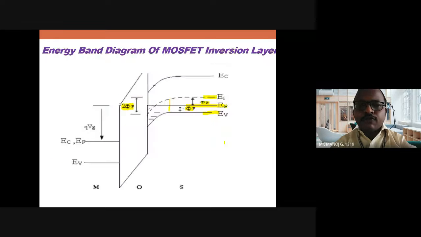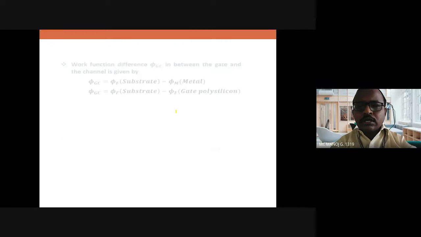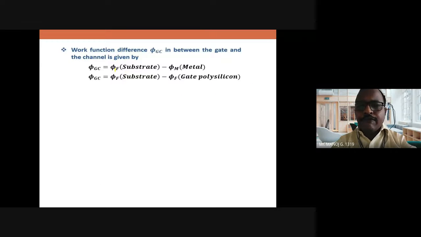That work function causes this bend. This property is given by a difference of the substrate as well as the metal. The substrate is given by the Fermi level phi f, minus your metal region, phi m. That is the first work function difference.